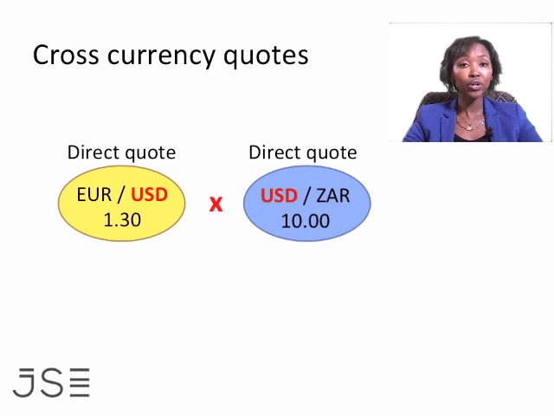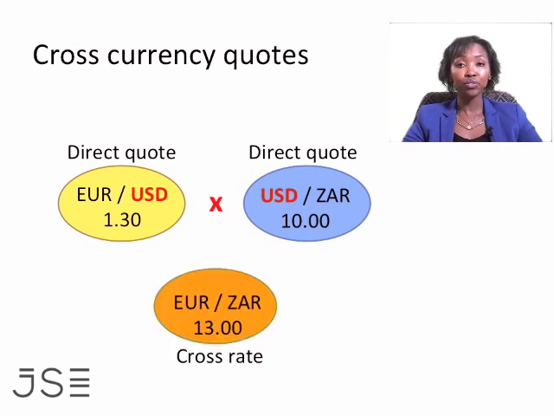So if you take 1.3 times 10, it will give you a euro-rand rate of 13. So that becomes your cross rate. And what that means is that if you want to buy 1 euro, it will cost you 13 rand. And in this cross rate, once again, the euro is your base currency and the rand is your quoted currency.